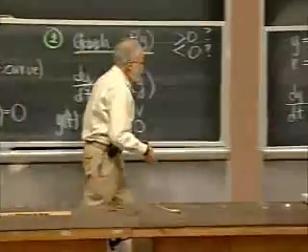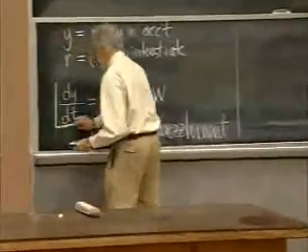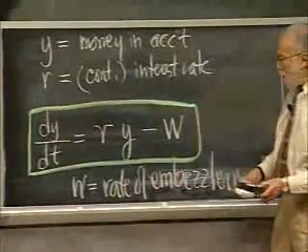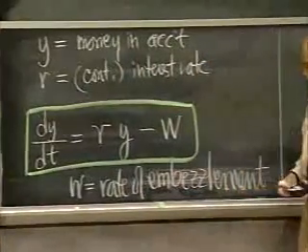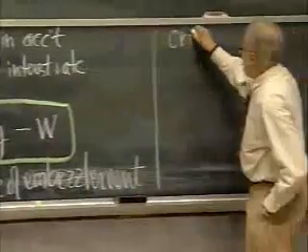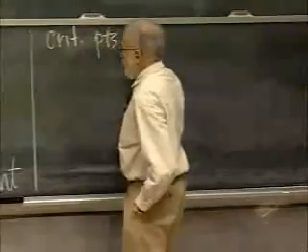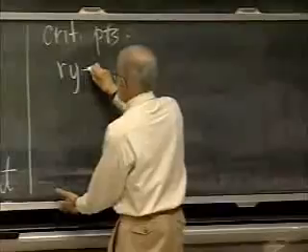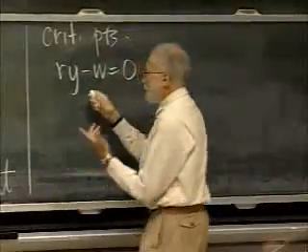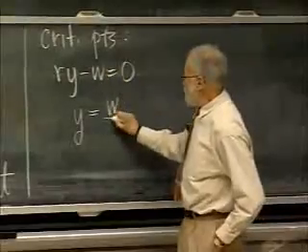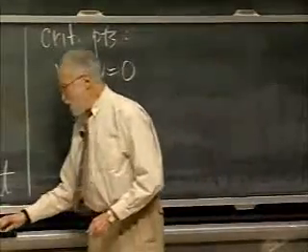So the first thing I should do, so here's our equation, is find the critical points. Notice it's an autonomous equation, all right, because there's no t on the right-hand side. Okay, so the critical points, well, that's where ry minus w equals 0. In other words, there's only one critical point, and it occurs when y is equal to w over r. So that's the only critical point.